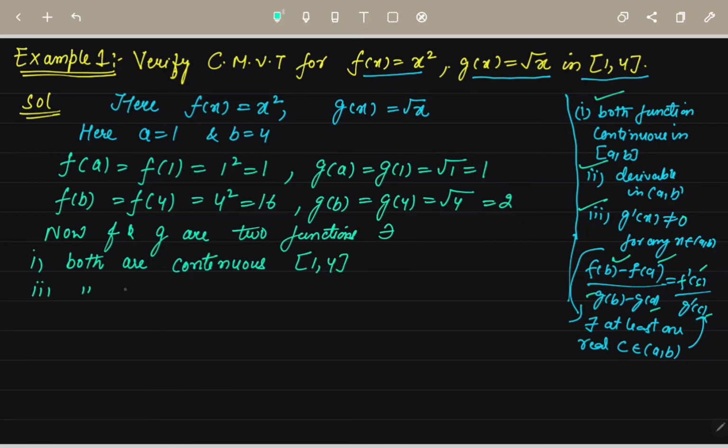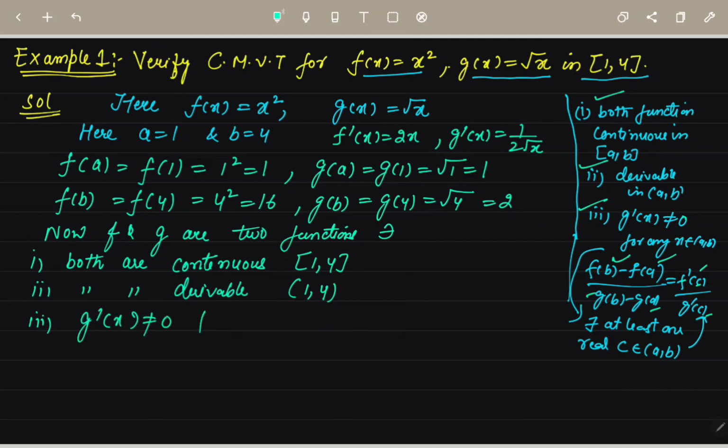Similarly, both are derivable in the open interval 1 and 4, because I will find the derivative, and we know that the derivative of this function is, I will write here, f dash x is equal to 2x, and similarly g dash x is equal to 1 by 2 root x. So from this it is clear that both functions are derivable in this interval. Third condition is g dash x should be non-zero for any x belonging to the open interval 1 and 4.